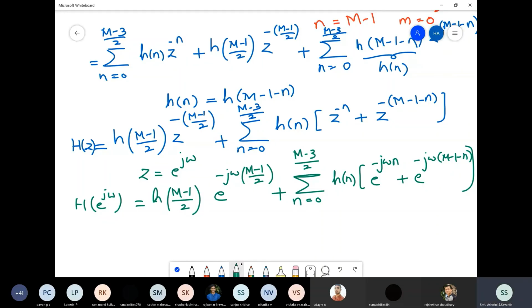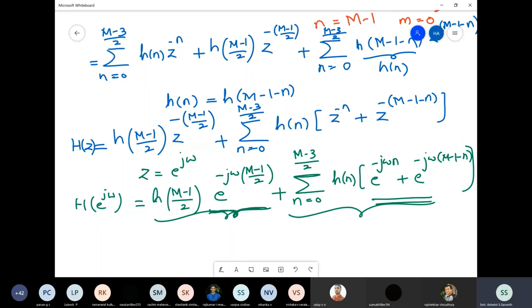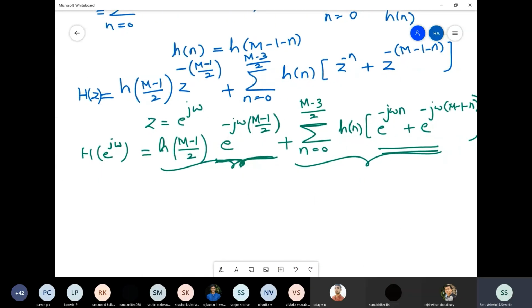So now we'll have to simplify this exponential term so that we can write it in terms of cos, and also write it in the polar form, that is r e to the power j omega. See, you already have the first term in the form of r e to the power j omega, but the second term needs to be written in that form. So what shall we do for that?